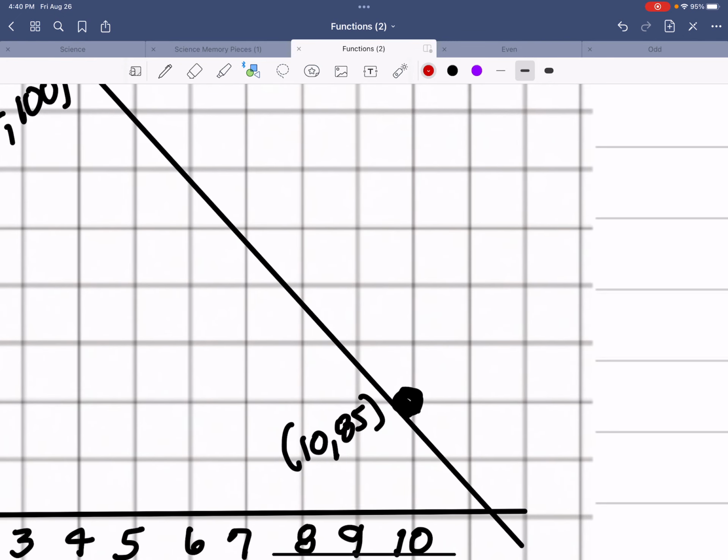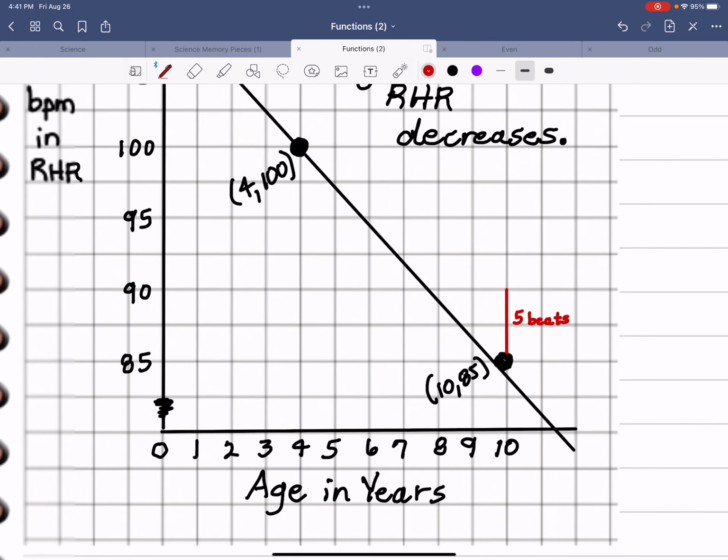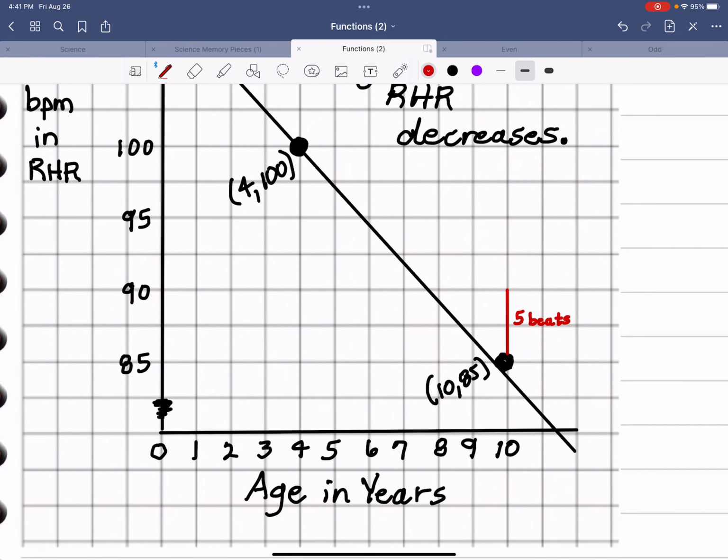At 10 years old, your heart rate is 85. Okay, if I go back up through my life history, I go 2 boxes, and remember that represents 5 beats, because from 85 to 90 is 5 beats. And it runs 2. That represents 2 years of life.